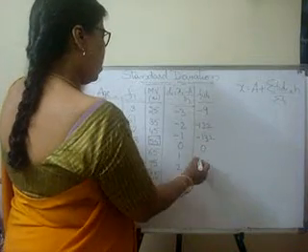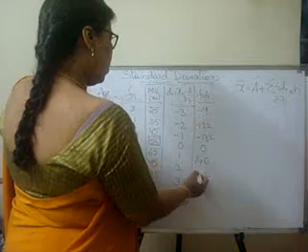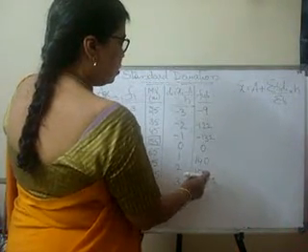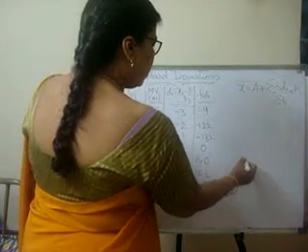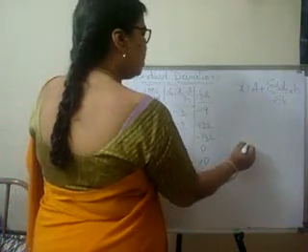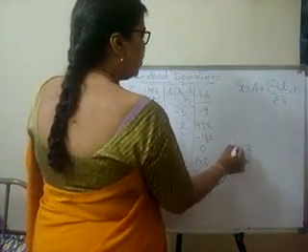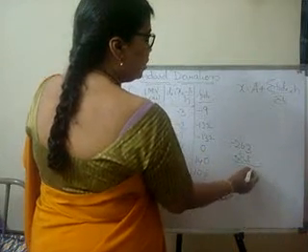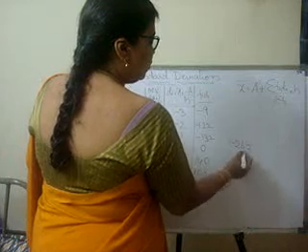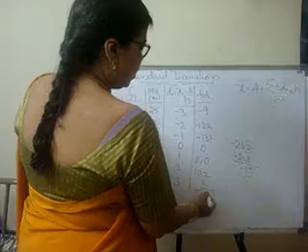Then 0, then 140. Then 51 times 2 is 102, and 2 times 3 is 6. Adding the positives gives 248, and the negatives give 263 minus. So we are left with 263 minus 248, which is 15. So minus 15 is the answer.